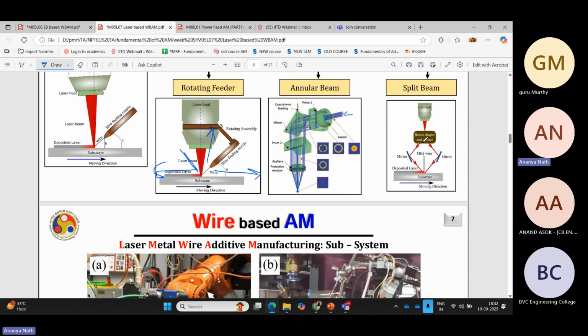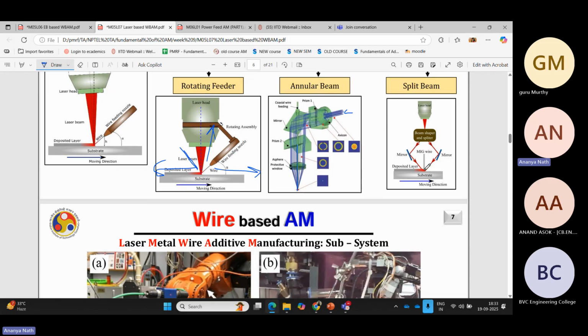Another is the split beam. You have only one source, but you split it into two or three or four or six lasers, and then all the lasers come in a coaxial mode.